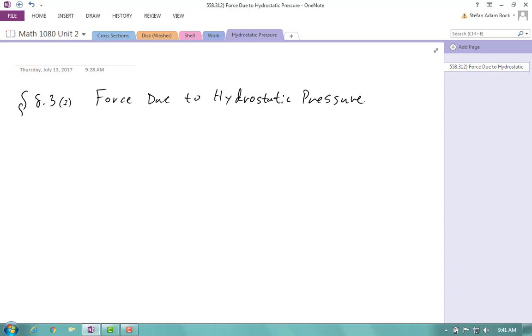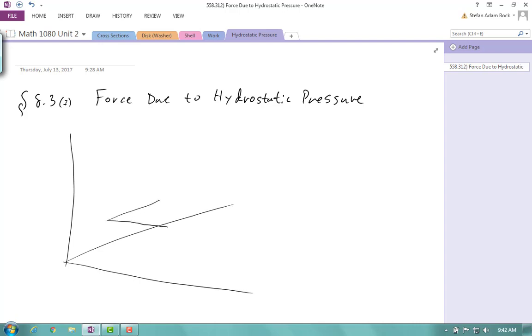And the way this basically works is, suppose I had a plate. I'm going to do a triangle. So I'm going to make sure that this is a right triangle and the sides are the same length.